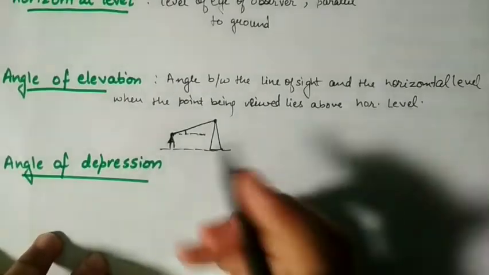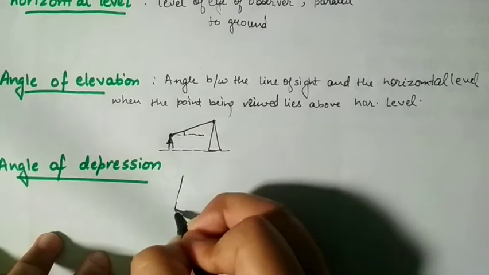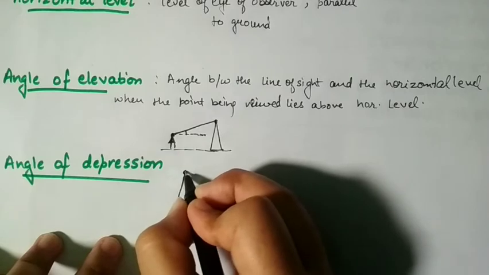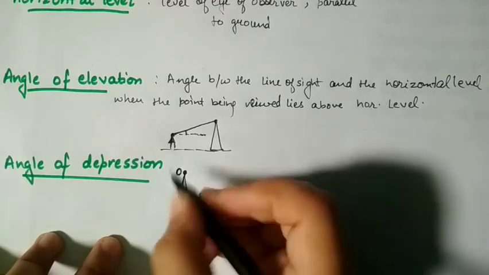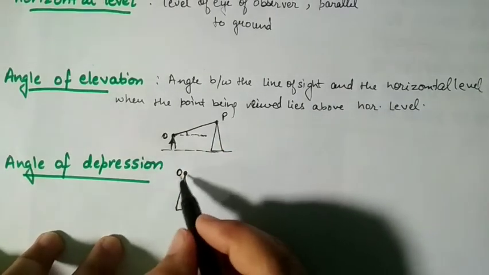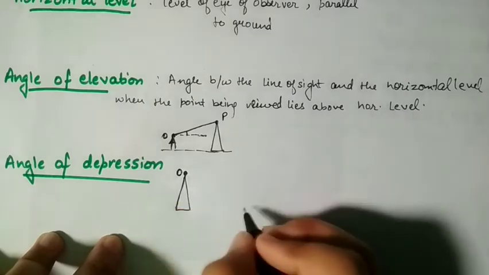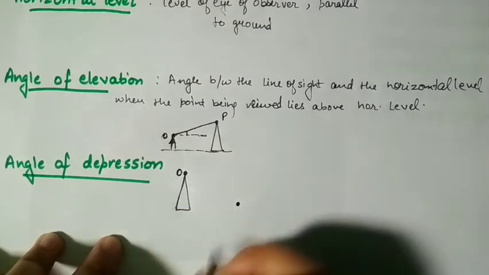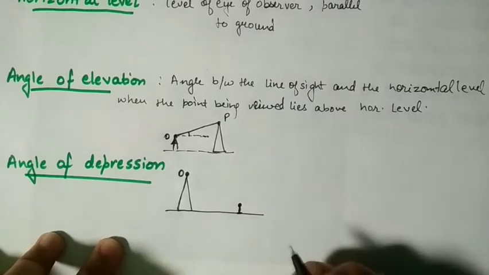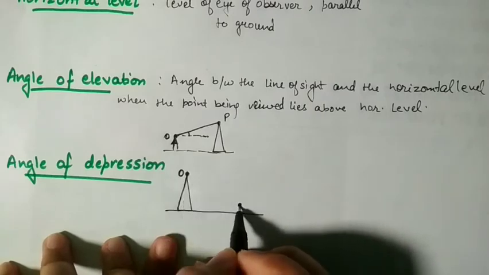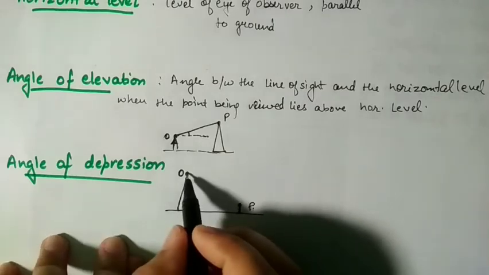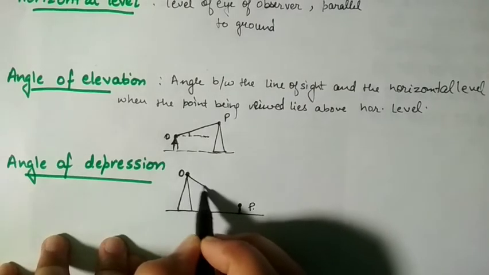Now see what is angle of depression. If a person is standing at the top of the minar here, now this is the observer O. Here this was the observer and this was the point being viewed. Now this is the observer and his friend is standing here. Suppose this is his friend. So now this point P is being viewed by O. So the line of sight will be this.